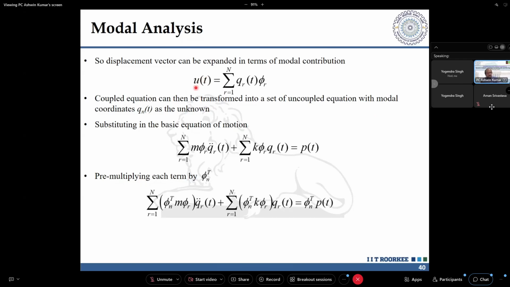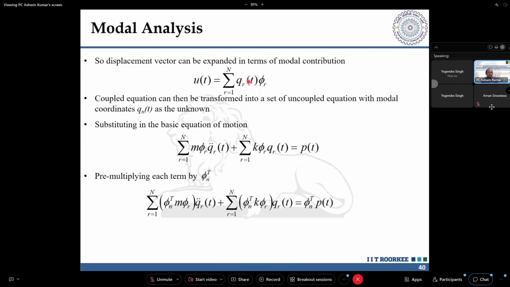The equation of motion is the same, M u double dot plus C u dot plus K u is equal to some external forcing. And whatever response we get in terms of u of t, rather than solving it in this displacement u of t, we are looking at the modal coordinate q of t. We are representing u of t as the modal coordinate multiplied by this factor phi, which is the mode shape factor, particular to one mode.